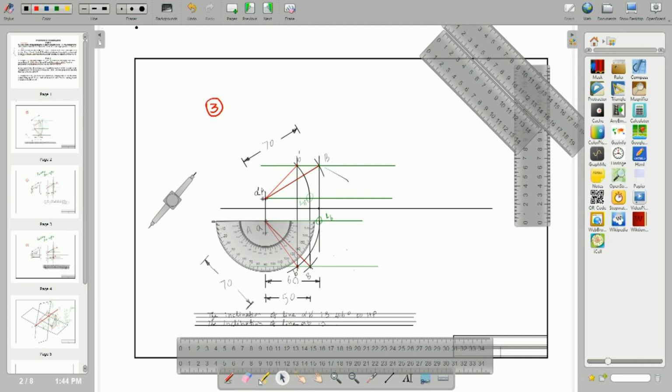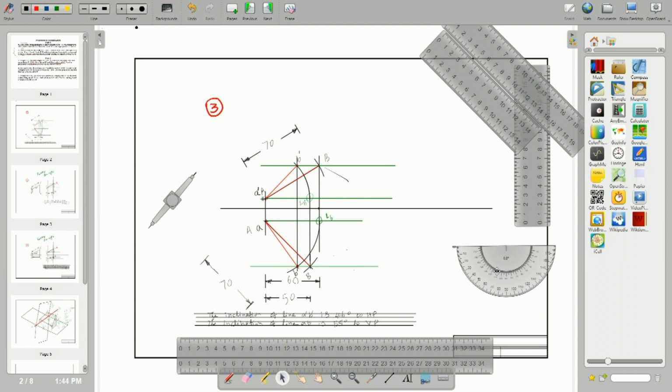So it is around 55 degree to the vertical plane. Like that we have to print the answers below these problems.